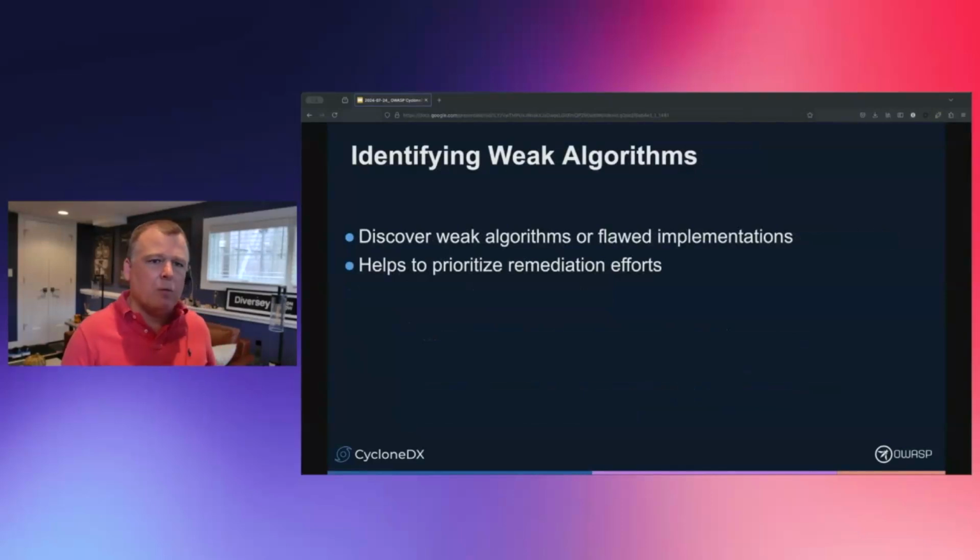Am I using SHA-1? Am I using triple DES? Well, that's really important information because while none of those algorithms are vulnerable, they are all certainly weak. So being able to inventory what you have so that you can identify these weak algorithms can help you prioritize remediation efforts.